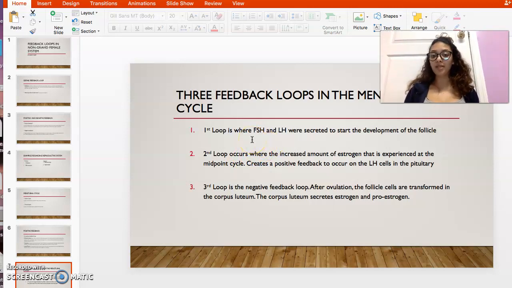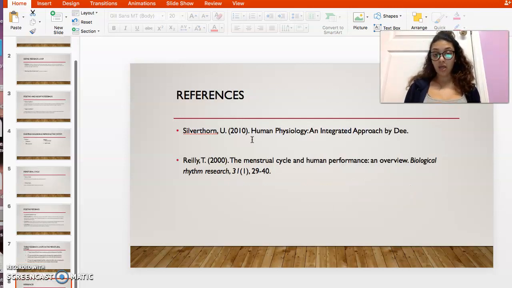The first loop is where the FSH and LH hormones are secreted to start the development of the follicle. The second loop occurs when the increased amount of estrogen at the midpoint of the cycle creates a positive feedback on the LH cells in the pituitary. The third loop is the negative feedback loop, which is after ovulation, when the follicle cells are transformed into the corpus luteum, and the corpus luteum secretes estrogen and progesterone.